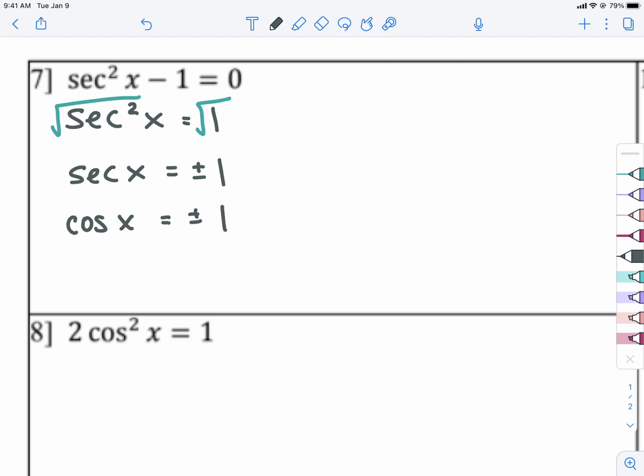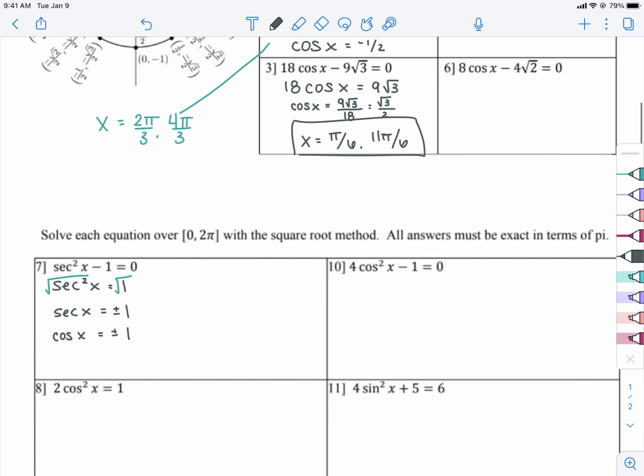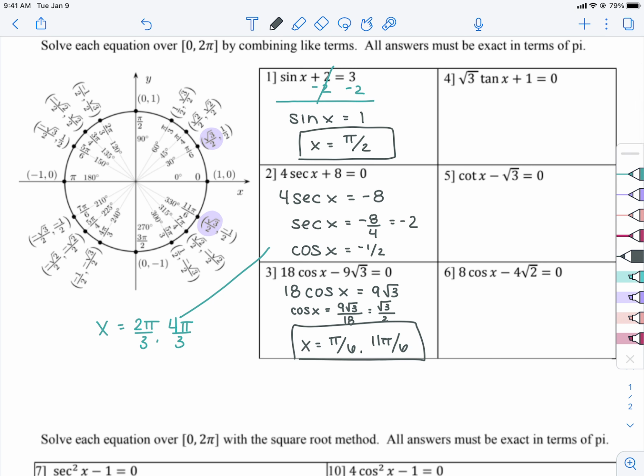So now we want to look at our unit circle and say, okay, if we're dealing with cosine, this is our x value. Where are our x values going to be positive or negative 1? And if we go back up to our unit circle, our x values are positive or negative 1 at 0 and at pi.